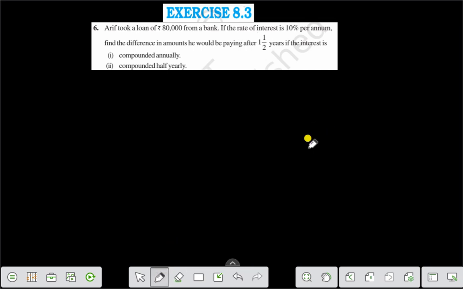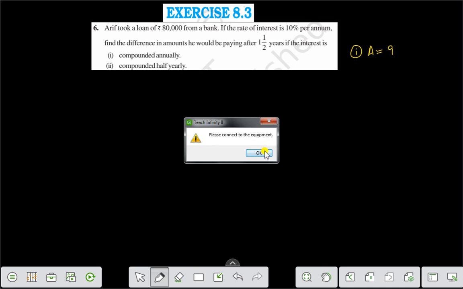In the first case, the amount is rupees 92,400. This is for question number 1.